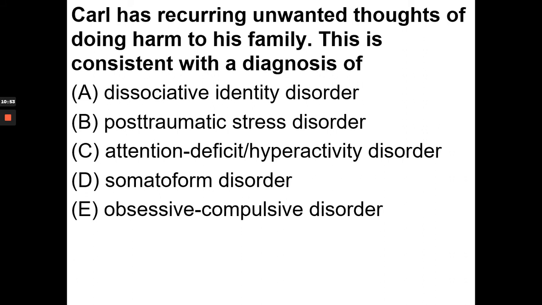Carl has recurring unwanted thoughts. Let me repeat, has recurring unwanted thoughts of. And honestly, it doesn't even matter what comes next. Recurring unwanted thoughts, the answer is OCD, okay? All right, and it could be recurring unwanted thoughts of germs or harming his family, it doesn't matter.